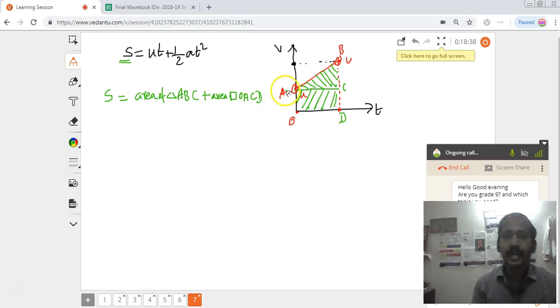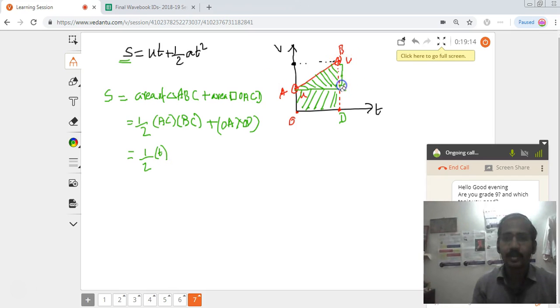Clear? Area of triangle ABC is half into base AC into height BC, or CB, whatever. Plus area of rectangle OACD, which means OA into OD. Now what is the AC value? AC is perpendicular to OD, right? It means time t. So half into time t.